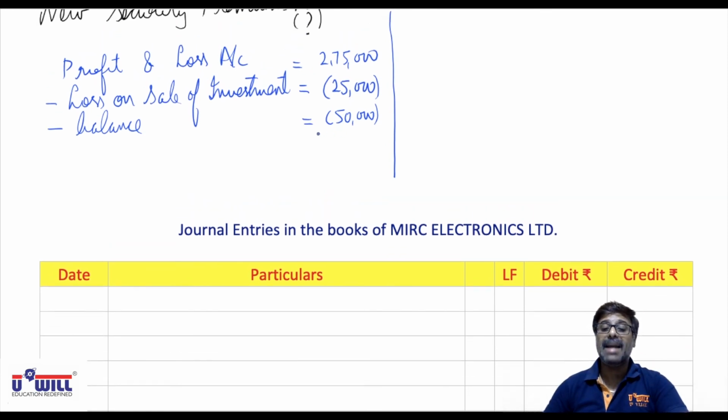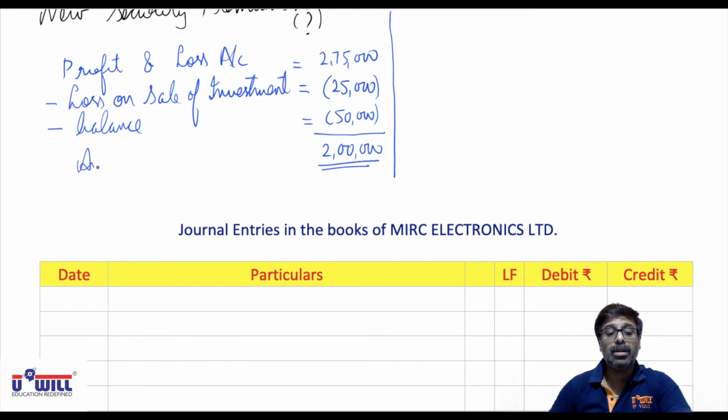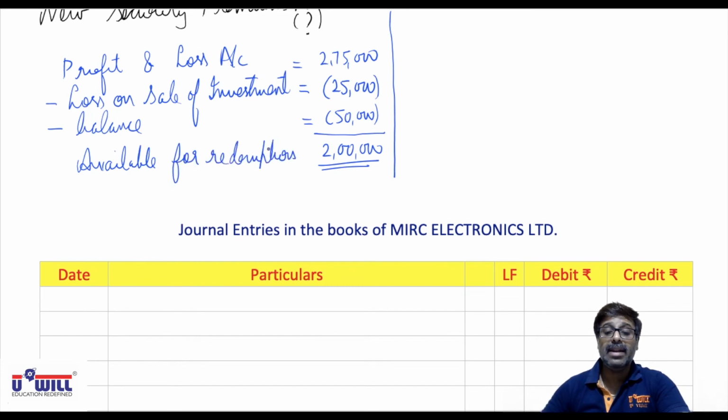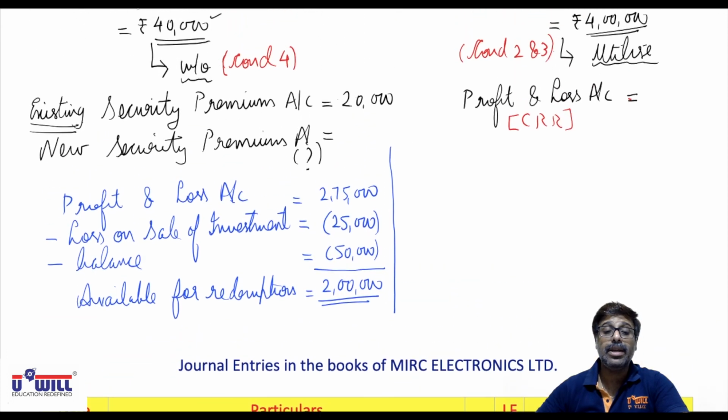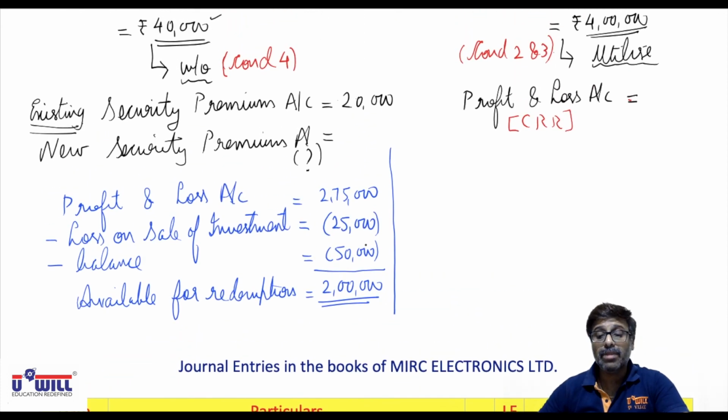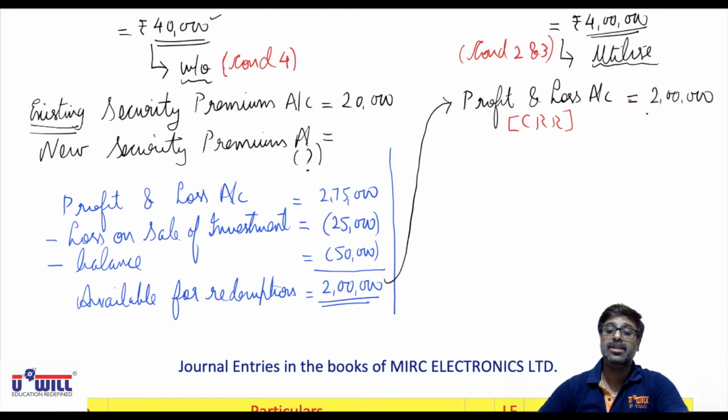Further, we have to keep a balance of 50,000. So if you subtract these 75,000 rupees, what is the profit and loss account available for preference shares redemption? 2 lakh only. This 2 lakhs will be used from the profits and transferred to capital redemption reserve.